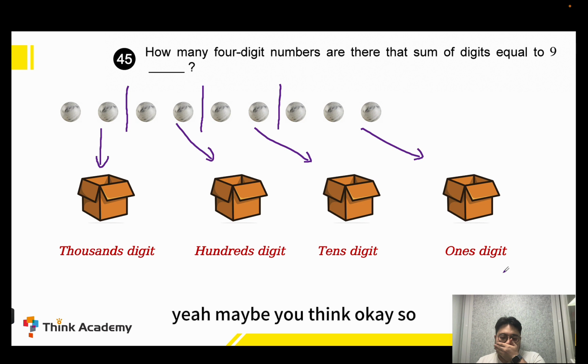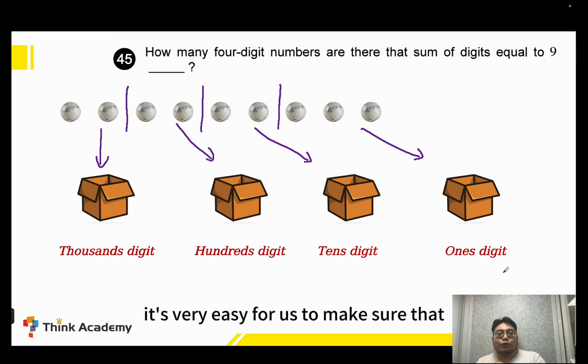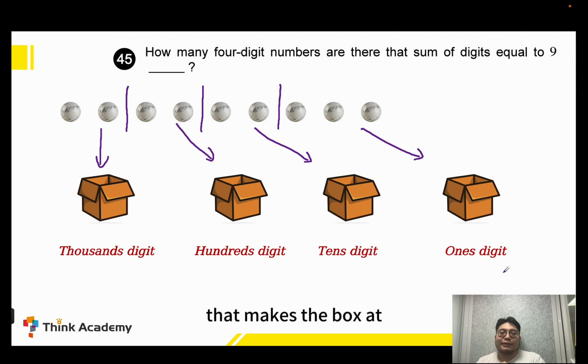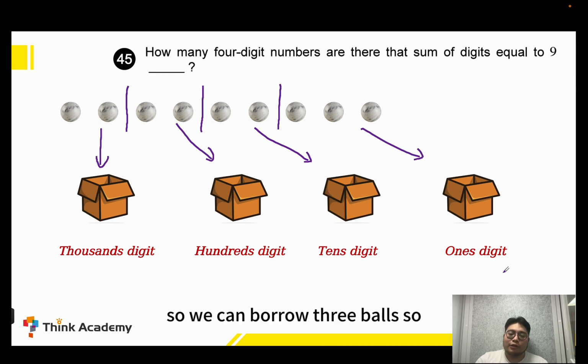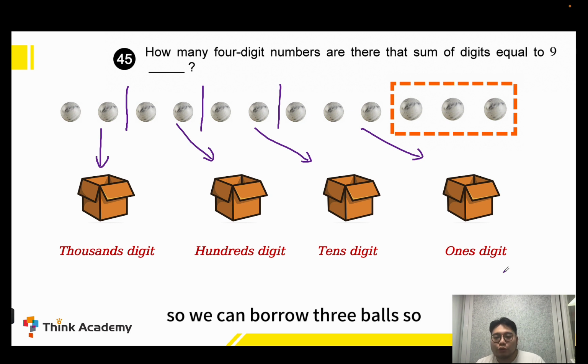Maybe you think it's easy to make sure each box has at least 1 ball. So how can I do that and use the same method to calculate how many ways? We can borrow 3 balls.